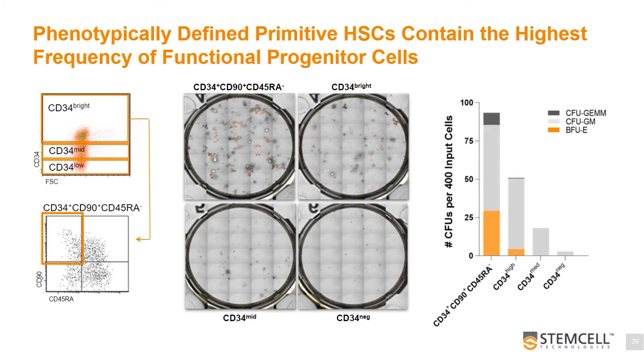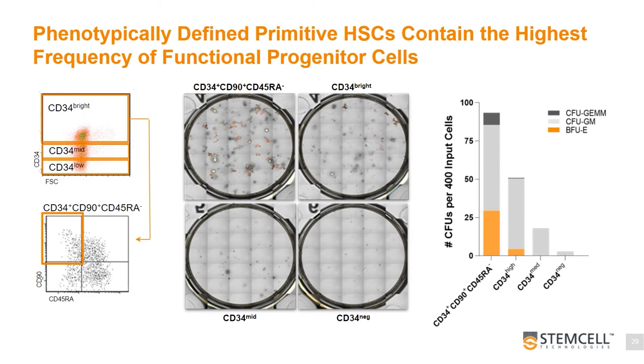And finally, to demonstrate the importance of maintenance and targeting of primitive HSCs in genome editing protocols, we sorted various populations of CD34 cells representing their differentiation status and plated them in CFU assay. Four cell populations were sorted: CD34 low cells representing more differentiated cells, CD34 mid population, and CD34 bright population containing HSPCs.